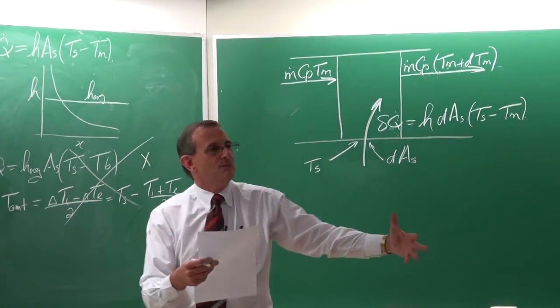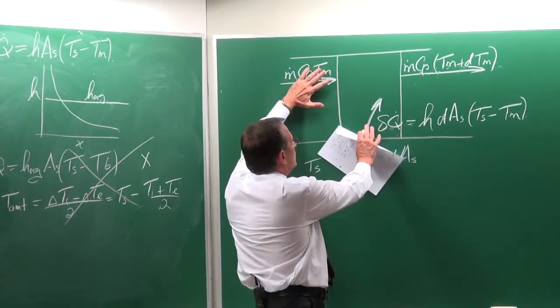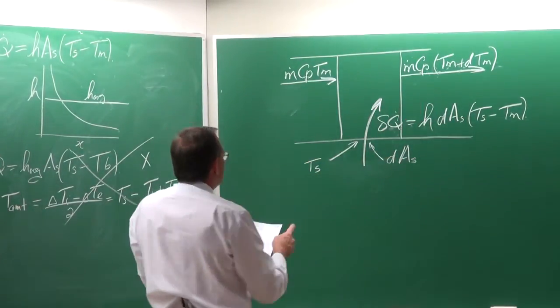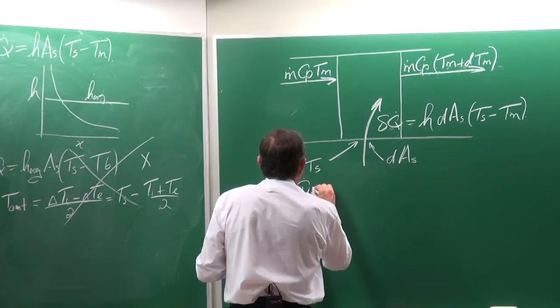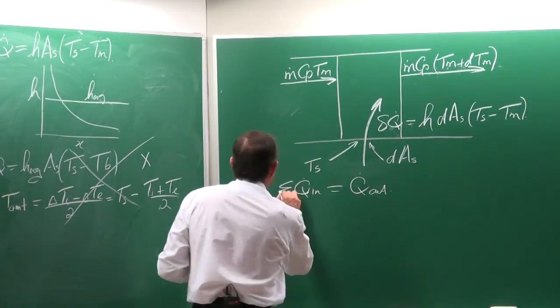So if we do an energy balance in terms of what is coming in, those two terms must be equal to what is going out. So let's say the heat transfer rate in must be equal to the heat transfer rate out, or the sum of it.